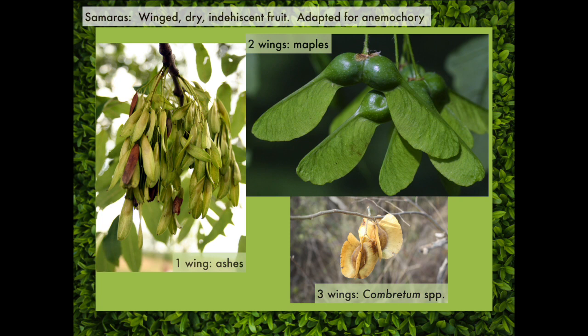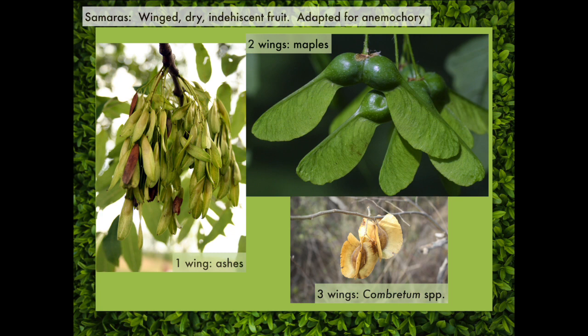So the most familiar samaras, to me at least, are maple samaras that have the 2 wings. It's 2 fruits that are fused together, one on each side of the axis of the flower. Ashes and elms have a single wing.